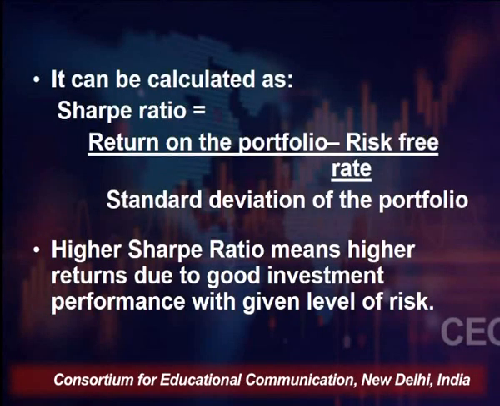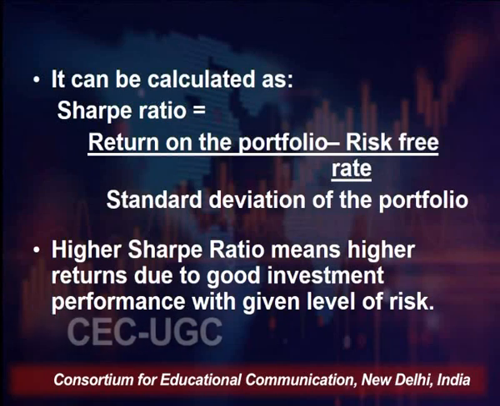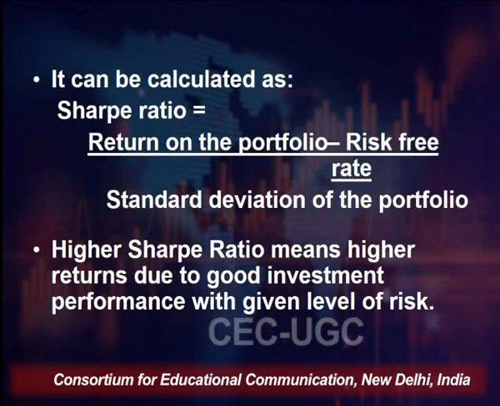Your portfolio has got 14% return, and the risk-free rate is 7%. So the difference between the return of the portfolio and the risk-free rate is 7%. Divide by the standard deviation of the portfolio, which means the degree of risk we have taken to get this return. This way you will find the Sharpe ratio.